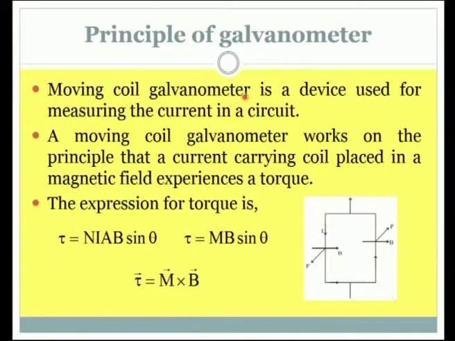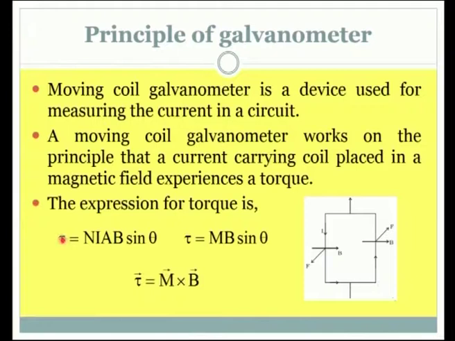Moving coil galvanometer is a device used for measuring current in a circuit. A moving coil galvanometer works on the principle that a current carrying coil placed in a magnetic field experiences a torque. The expression for the torque is given here.